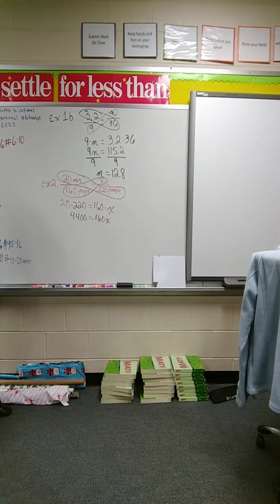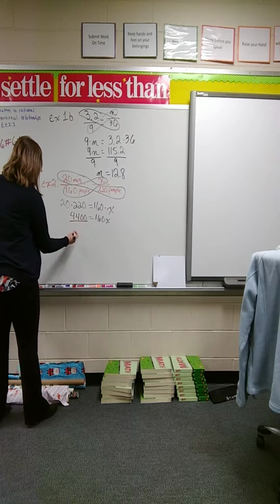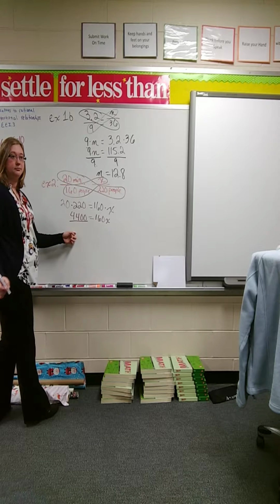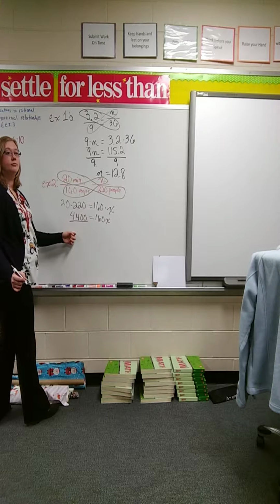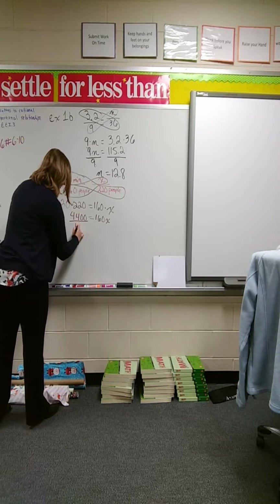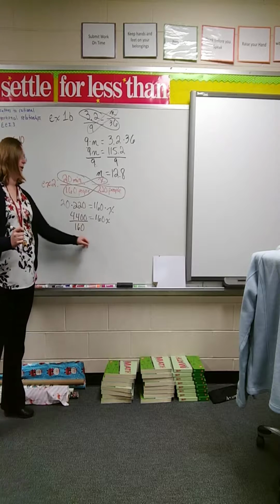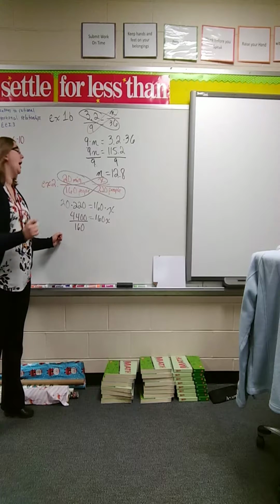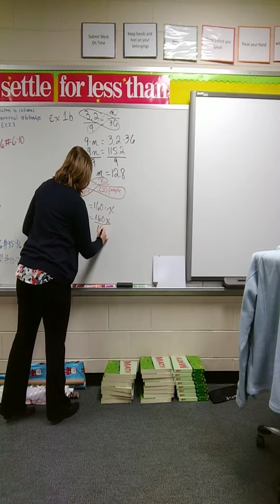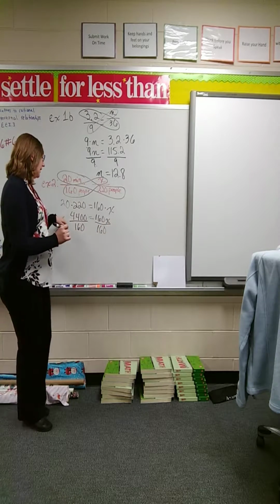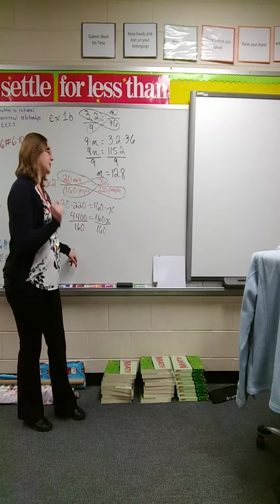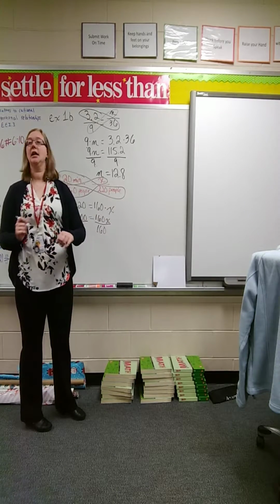Then what do I need to do? Someone else that I haven't heard from. Yes, sir. Okay, but I only divide one side of my equation? I need to divide both sides. If I don't divide on both sides, then I get some number saying that we're equal to 160x, and that's not true.